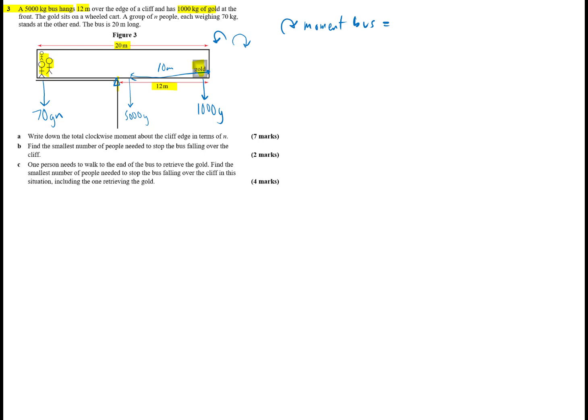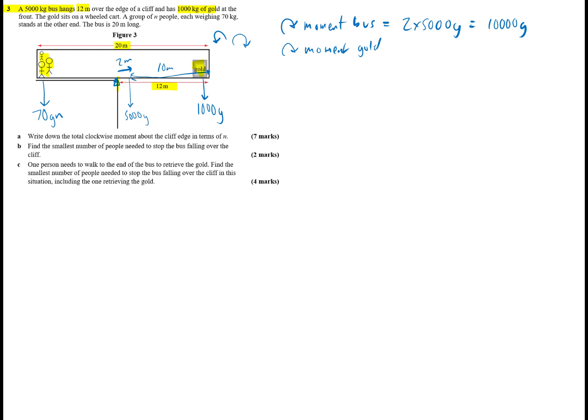So this point here is the pivot. So from here to here is 2 meters. So we get 2 times 5,000g, which equals 10,000g. This will help us work things out later. The gold is going to act clockwise as well. So we've got the moment from the gold.